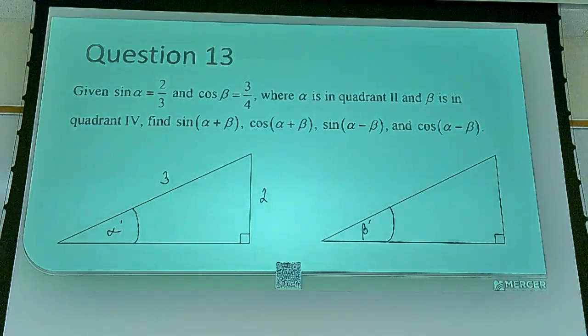Square root of 11. How'd you get 11? What's 3 squared? Square root of 13. And now you got 13.